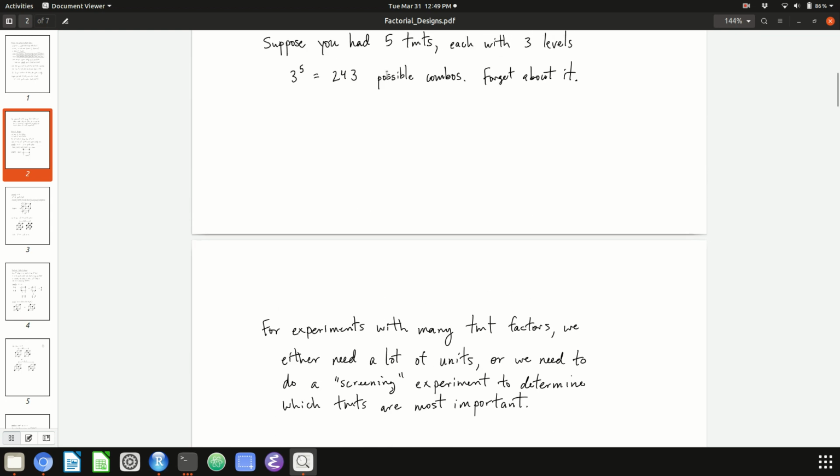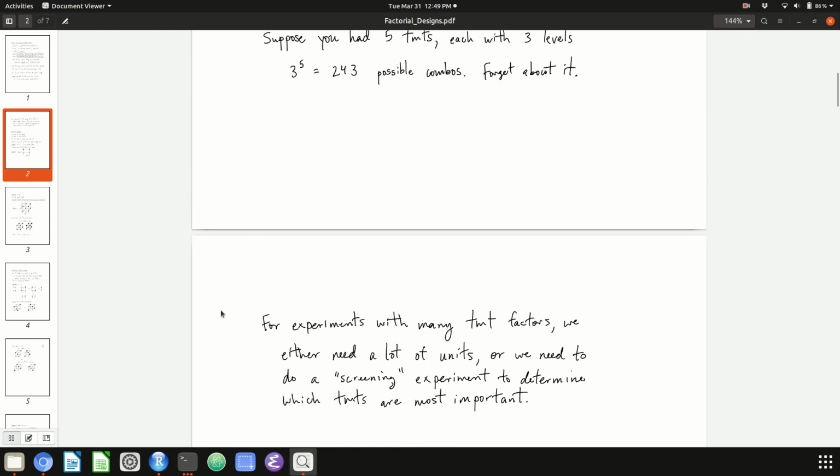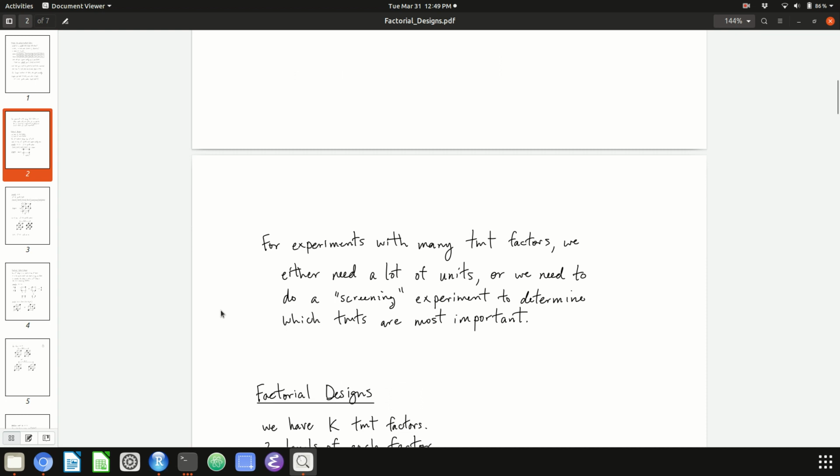In this case, you need 243 units to do every combination. Or what usually happens in practice is that we do a smaller experiment that we call a screening experiment to determine which of the treatments are really the most important or have the greatest influence on the response.